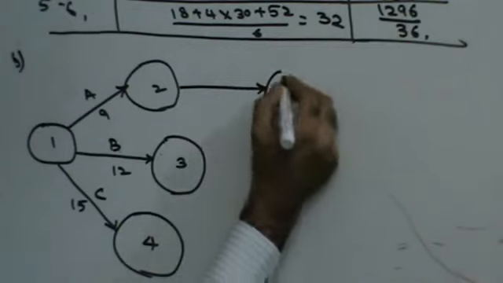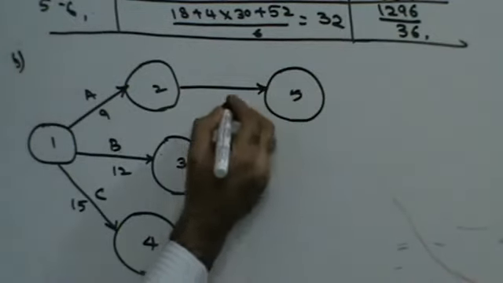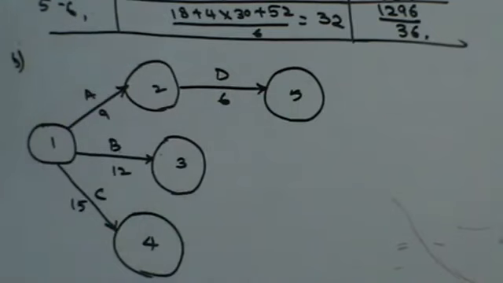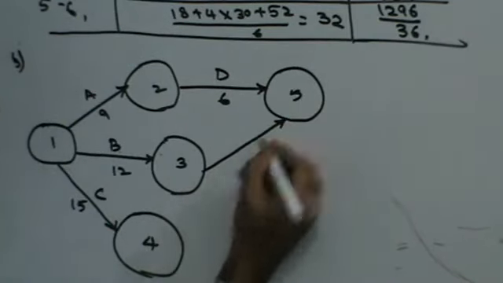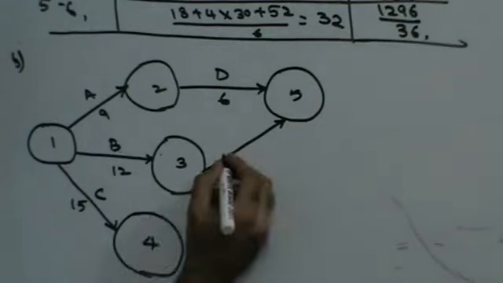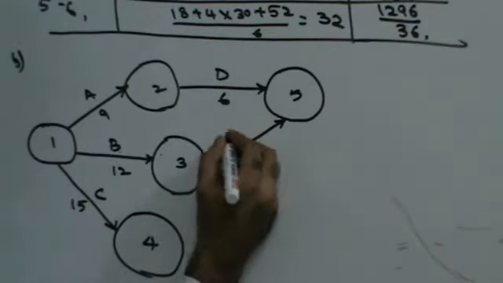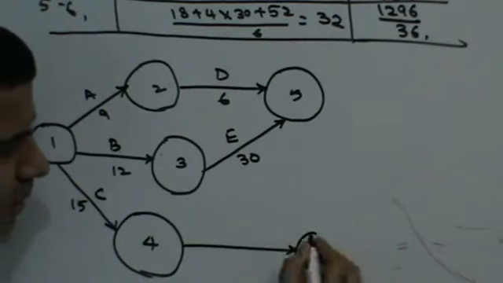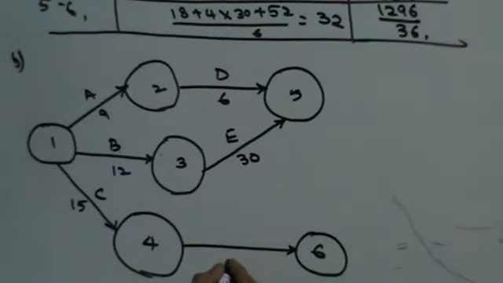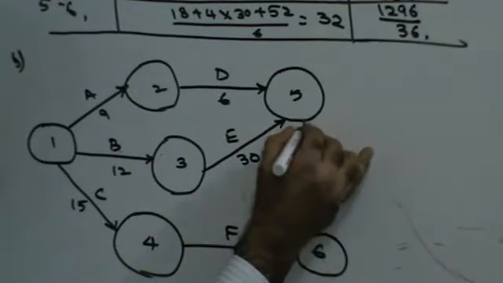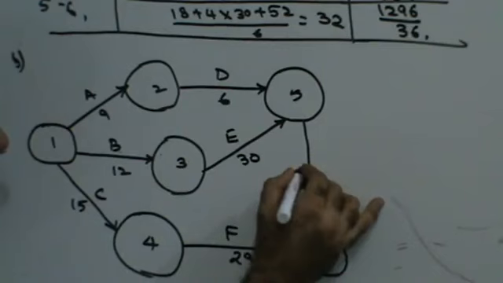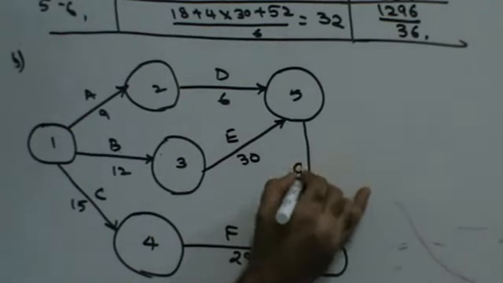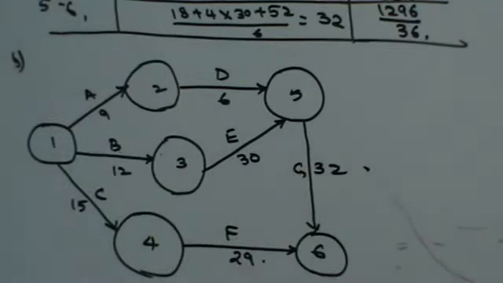So 2 to 5 is 6, we call this activity D. 3 to 5 is 30, we call this activity E. Then you have from 4 to 6 and 5 to 6. 4 to 6 is 29 days, we call this F. And 5 to 6, we call this G, which is 32 days. That makes my network diagram ready.